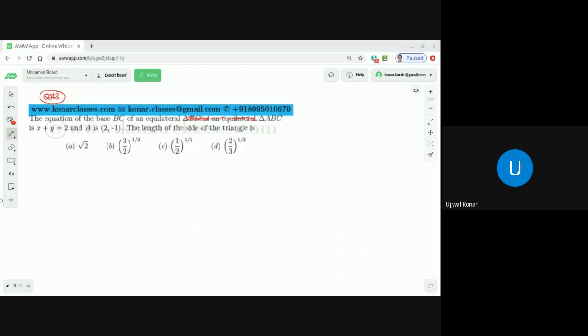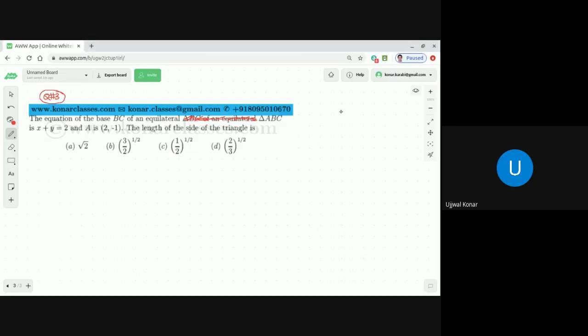So how to approach this problem, dear students? Let us first give a visual representation of this problem, and then we will proceed from there. BC is given, so let me draw the triangle first.